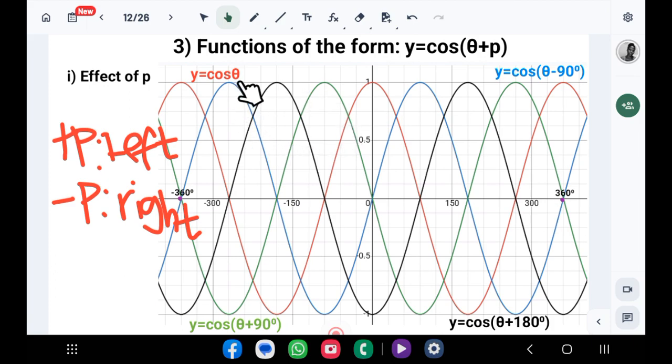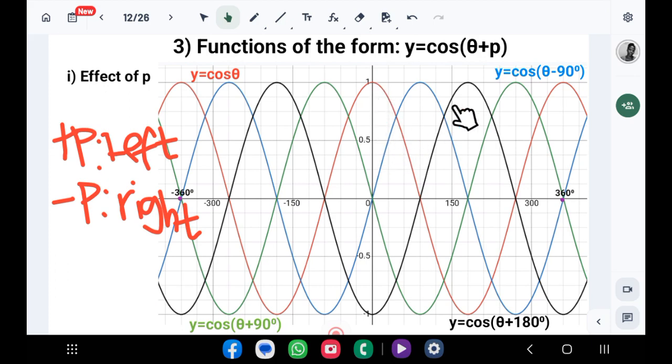So here is y equals cos of theta. It starts right at the origin with a maximum turning point at 0 degrees, 1. That is not shifted in any direction. It's not shifted top to bottom, it's not shifted to the left or right. So p will show us how it is shifted either to the left or to the right.